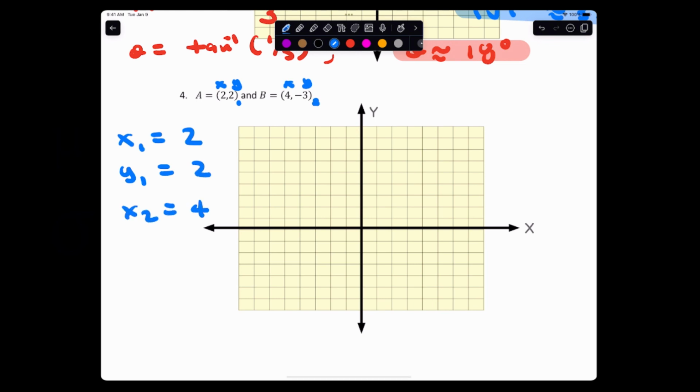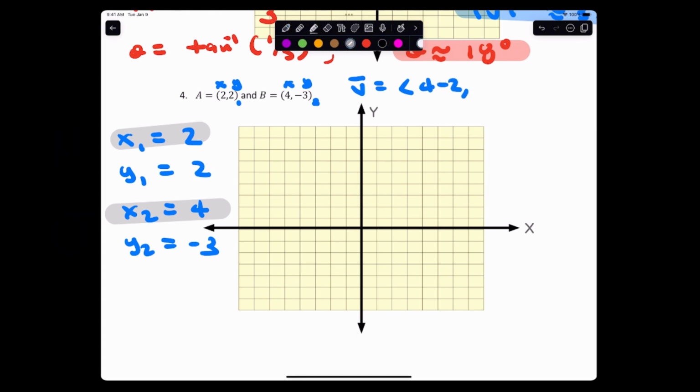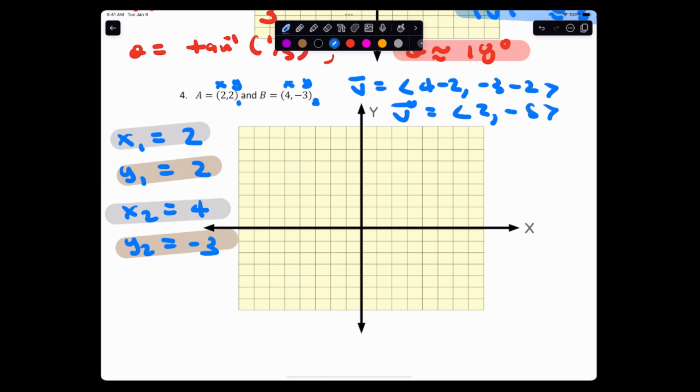X2 is 4. Y2 is -3. So if you want the component form for vector V, you're going to have to take the, what again? 4 minus 2. -3 minus 2. -5.